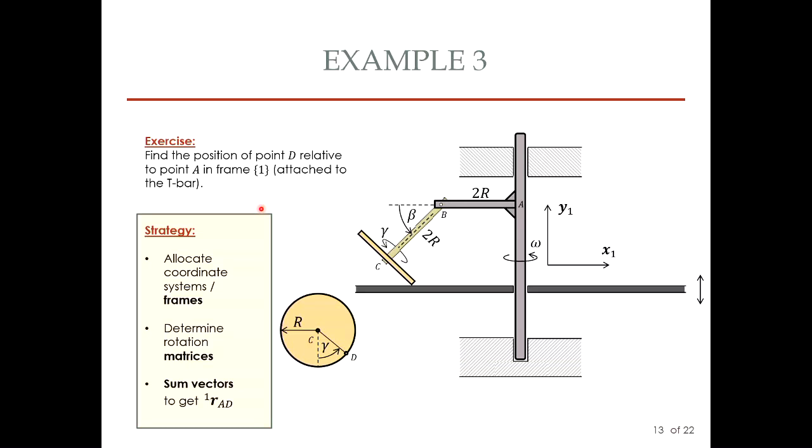So it's my instruction: frame 1 is attached to the rotating T-bar, frame 2 is attached to this rod, frame 3 is attached to this wheel. By attached, I mean glued onto, moving together.